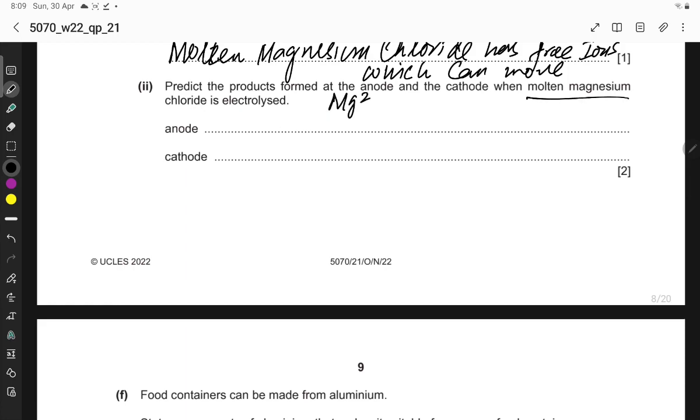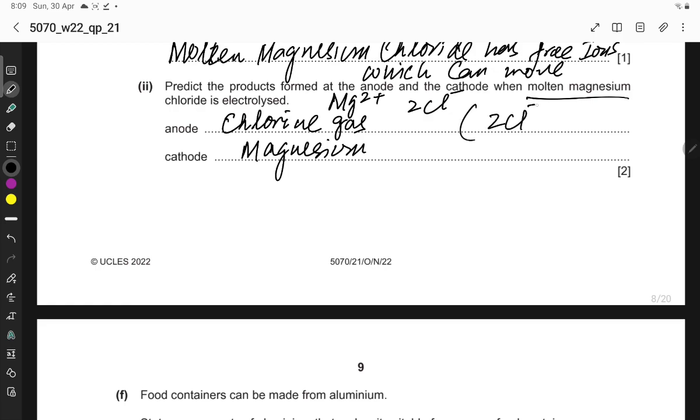We have Mg 2 positive and 2 Cl negative ions. At anode, chlorine is formed from chloride ion, and at cathode magnesium. So this is the reaction: 2Cl negative gives Cl2 plus 2 electrons, and at cathode magnesium 2 positive gains 2 electrons to form magnesium.